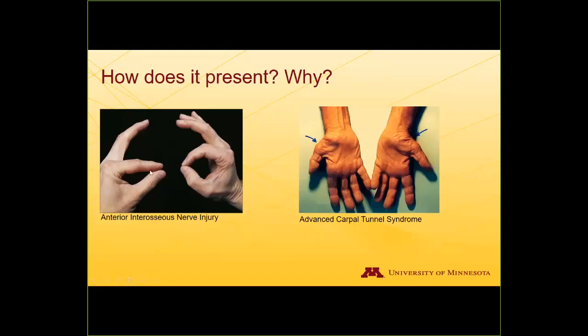So basically, the ability to make an OK sign, and the inability to make one, is telling us that the left side is the one that's injured. If a person can't form an OK sign like this, it might be telling us that the anterior interosseous nerve is not functioning appropriately. Does that make sense?